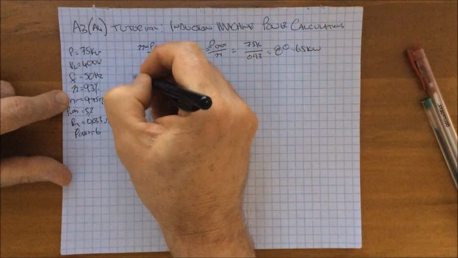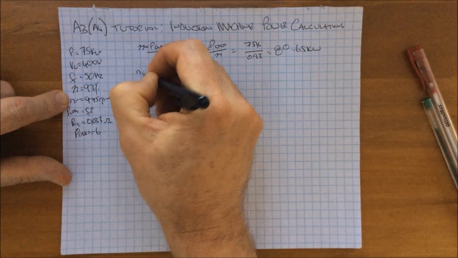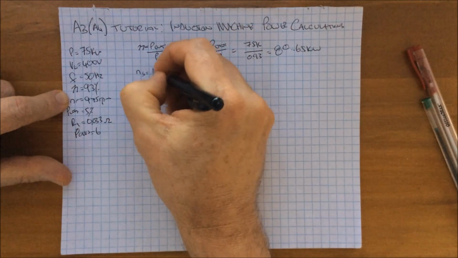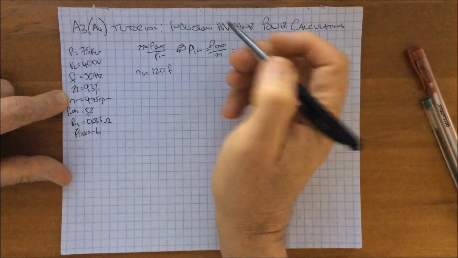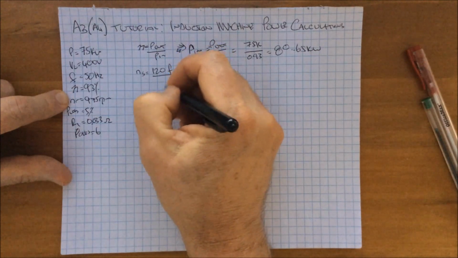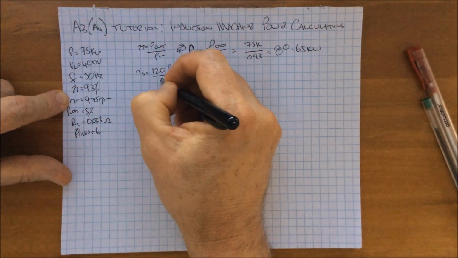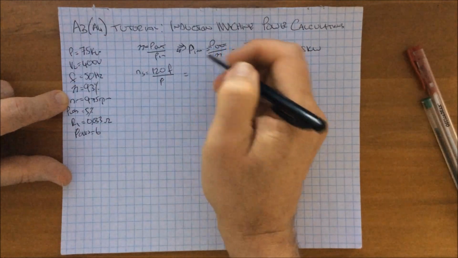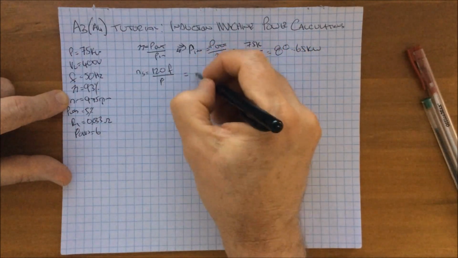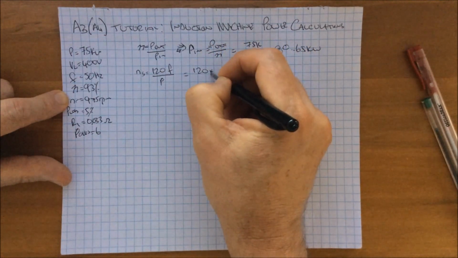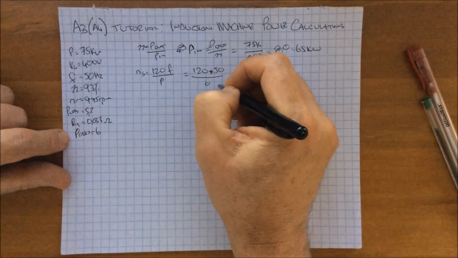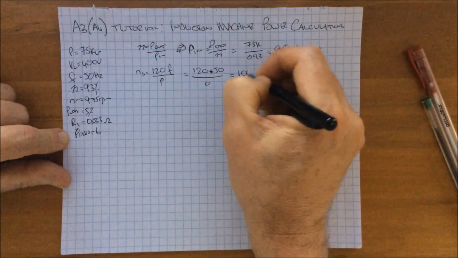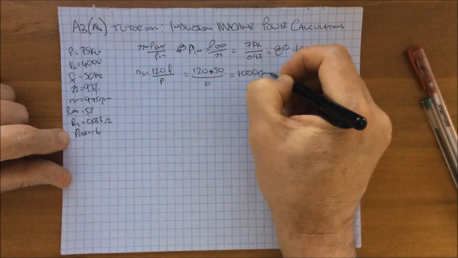So the synchronous speed, NS, is 120 times the frequency over the poles, which is 120 times 50 over 6, which equals 1000 RPM.